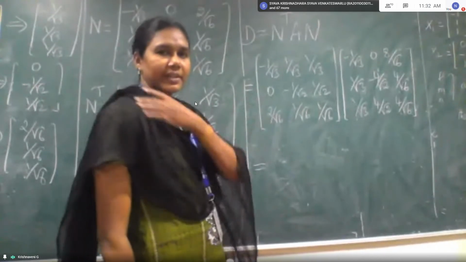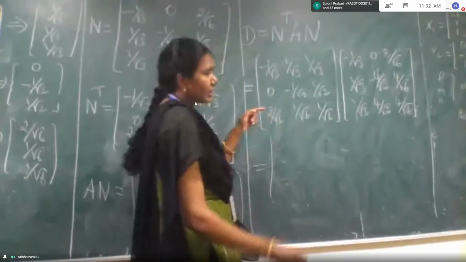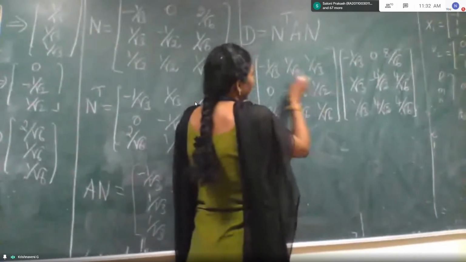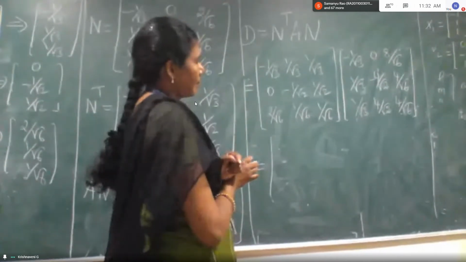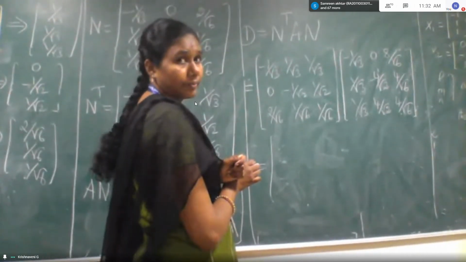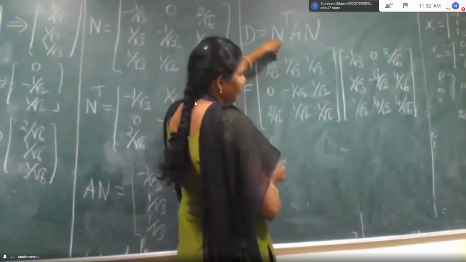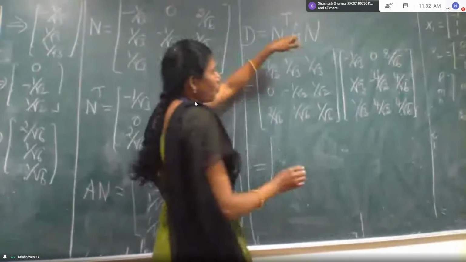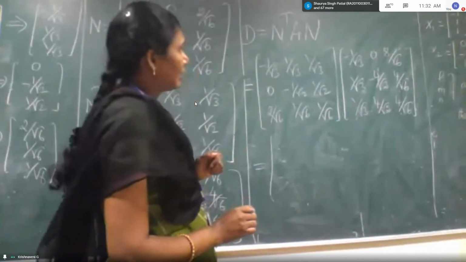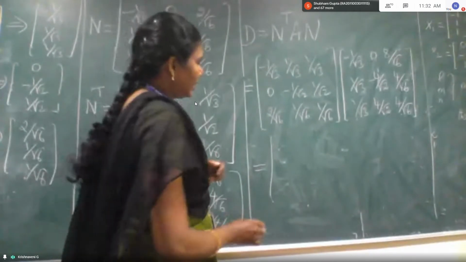Listen here, guys. The normal matrix multiplication only. First row into first column. Minus into minus plus. What will come? 1 by 3.